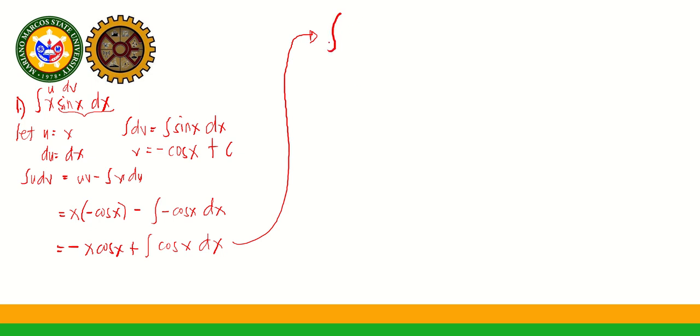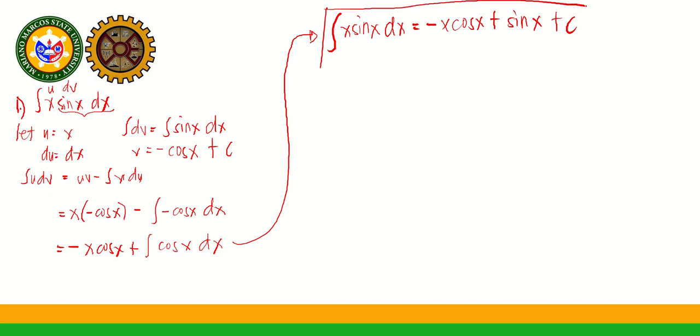So the integral of x sine x dx is equal to negative x cosine x plus sine x plus c. So this is our final answer for example number 1 in integration by parts.